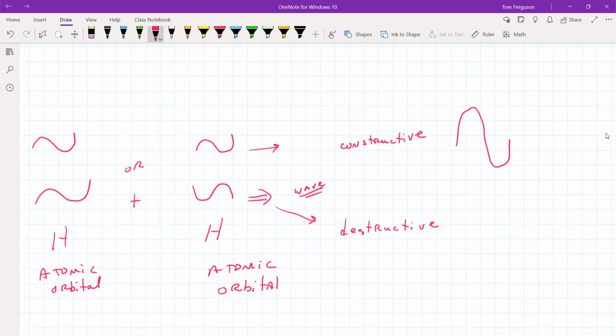So the first peak, assuming these are the same size, is going to be twice as high as either one individually. And the trough, the low part, is going to be twice as deep.